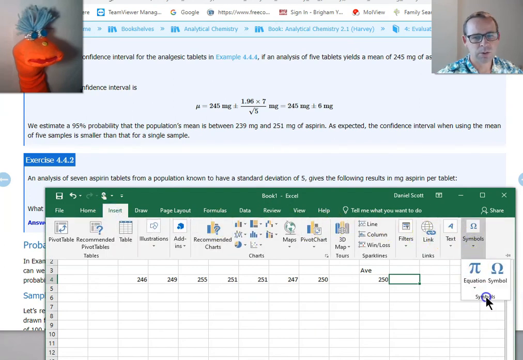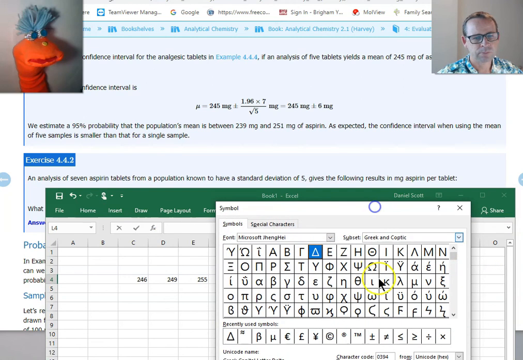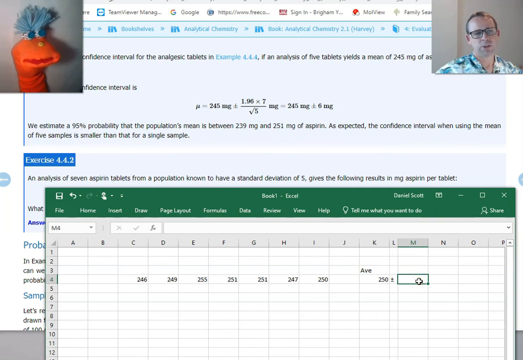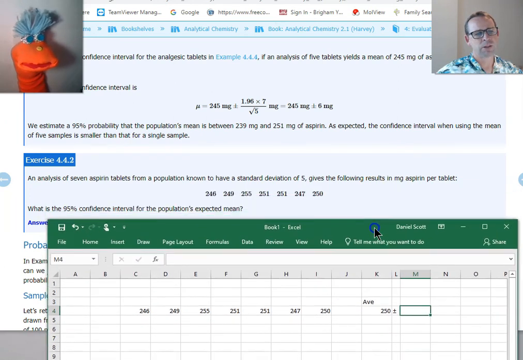Insert, symbols. There's my plus or minus sign. All right, so 250 plus or minus, then what goes here? That's the standard deviation 5 times, we want the 95%, right? That's right, 95%. It's 1.96.